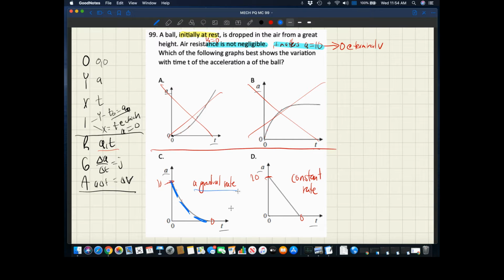And so this shows a gradual rate. It's eventually, asymptotically, approaching zero slowly, whereas this one just goes at a constant rate. And of course, we know that it's actually at a gradual rate, so choice C.